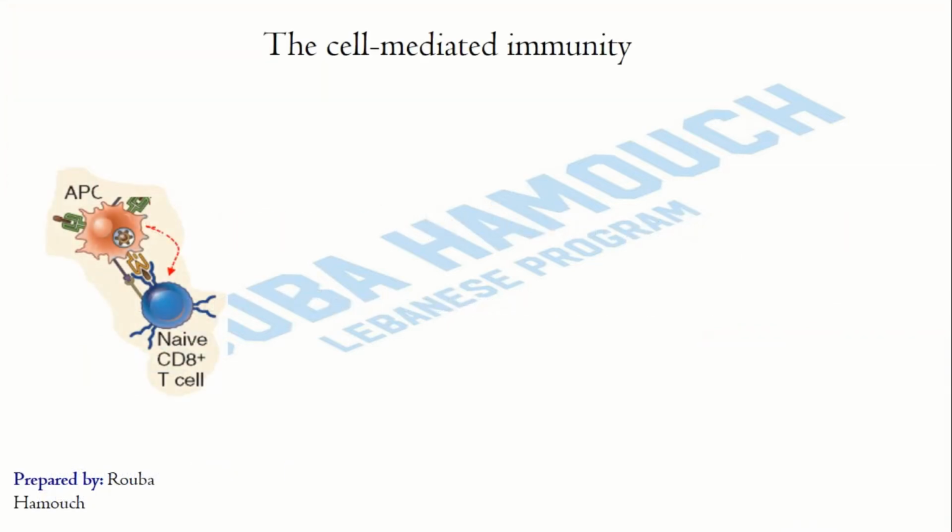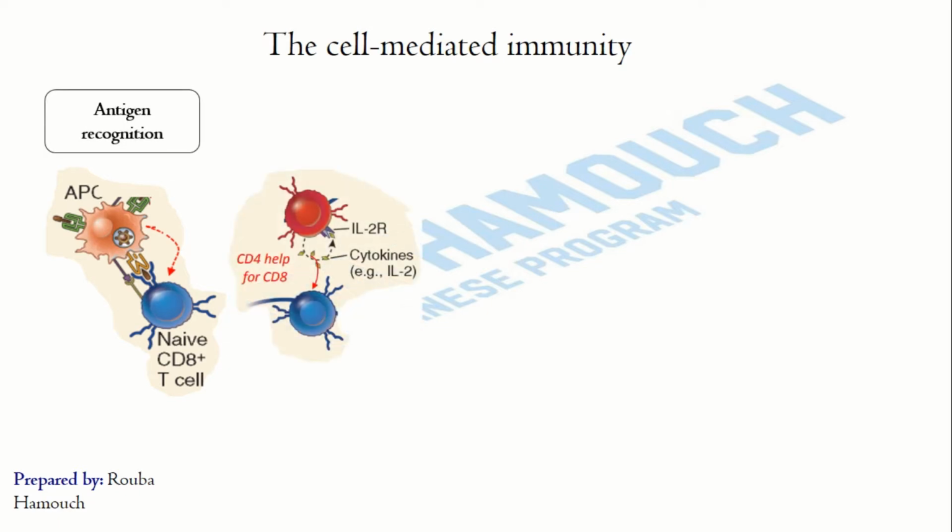Let's start with a quick recap about the activation of cytotoxic T lymphocytes after the antigen recognition and the help of helper T lymphocytes that secrete interleukin 2. The cytotoxic T lymphocyte is activated.